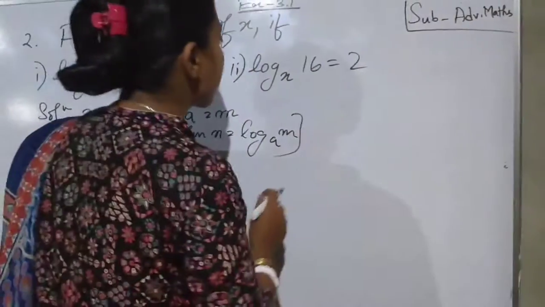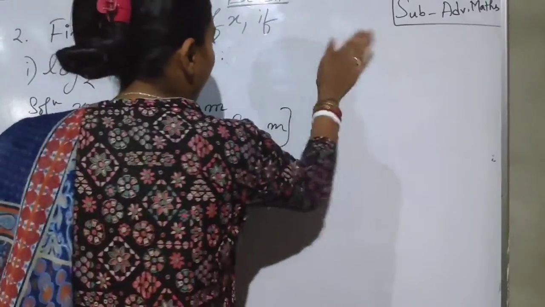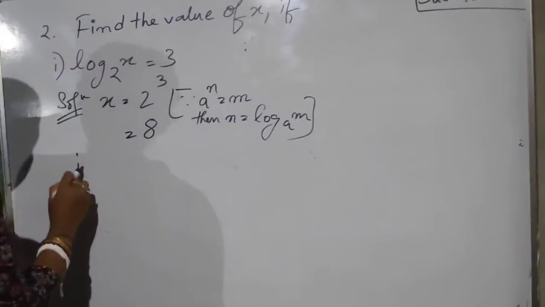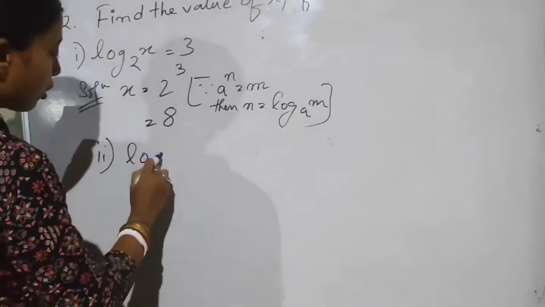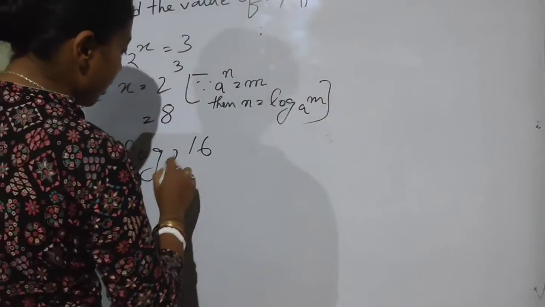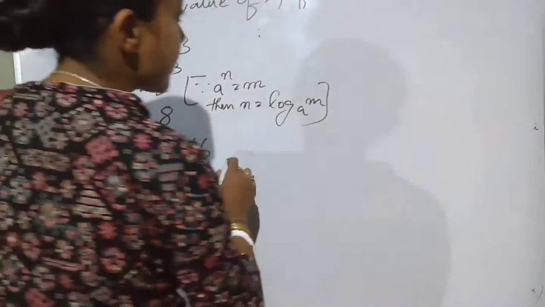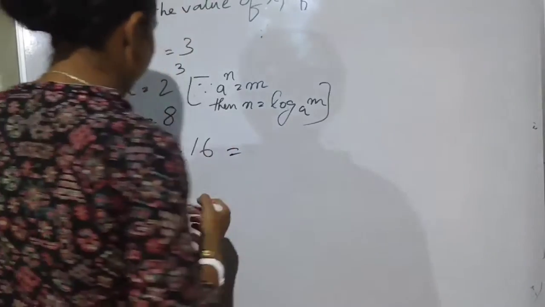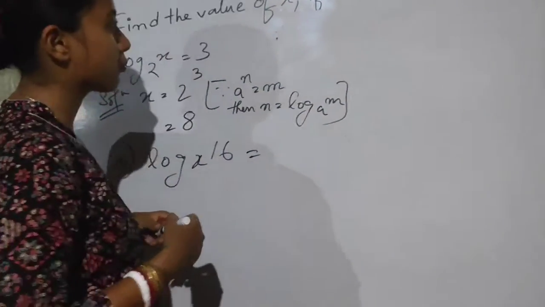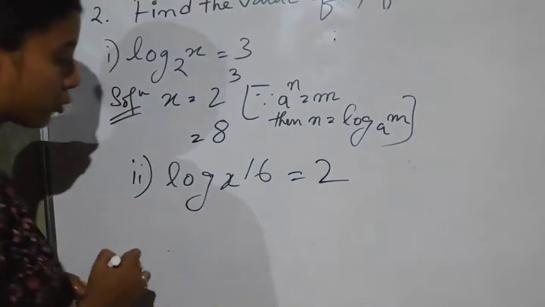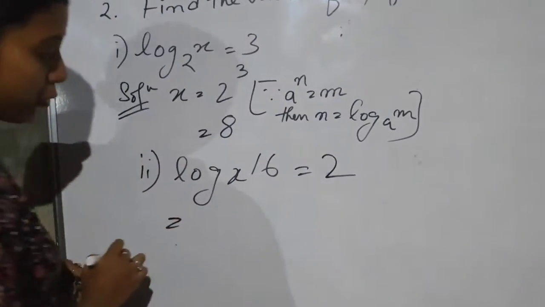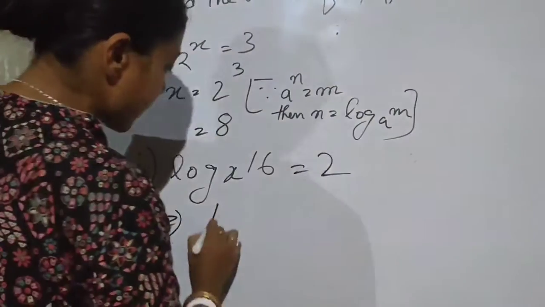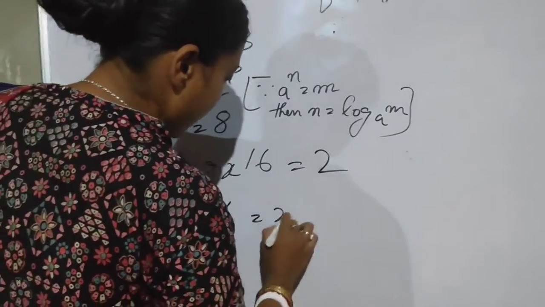Okay. Now let's do question number 2. Log 16 to the base x is equal to 2. So, what can we write from here? We can write 16 equal to x square.